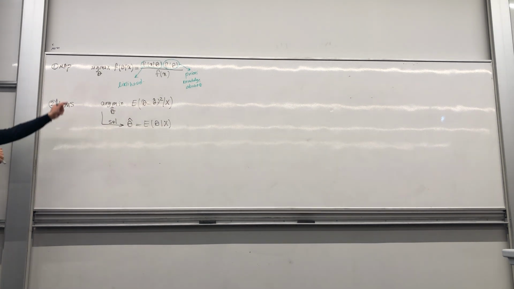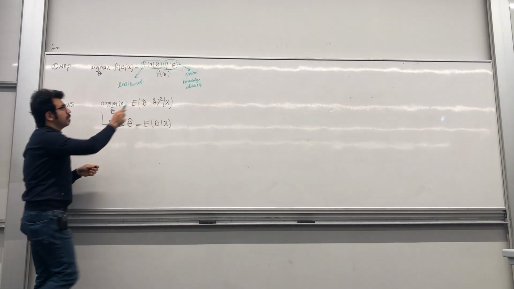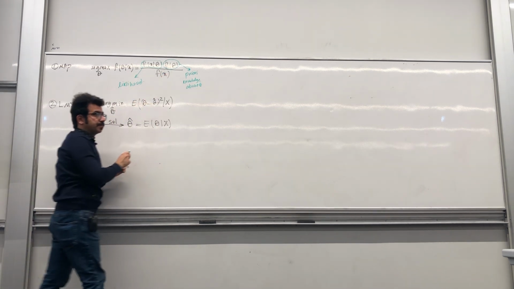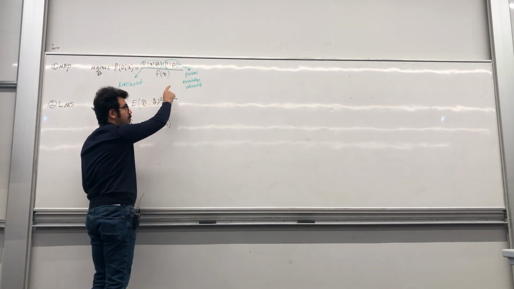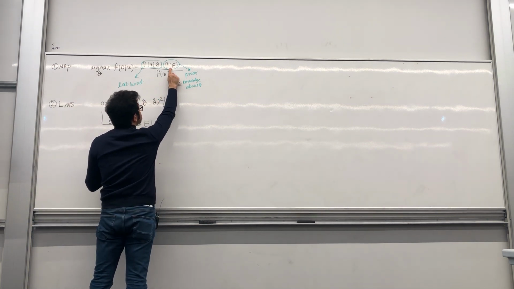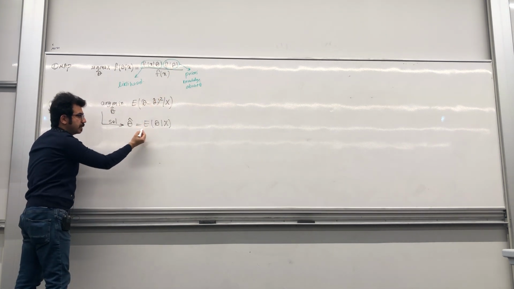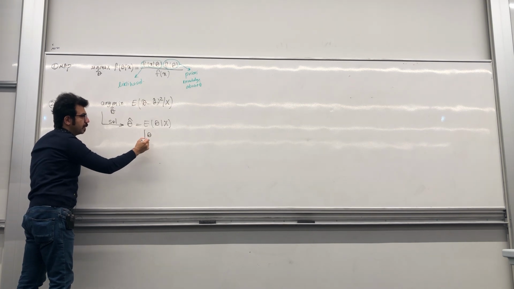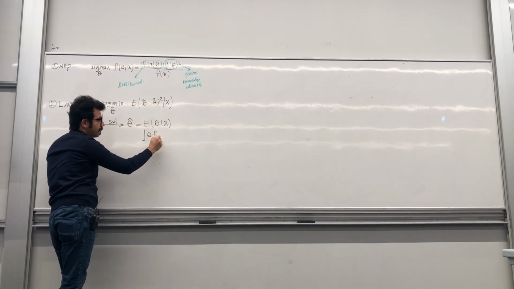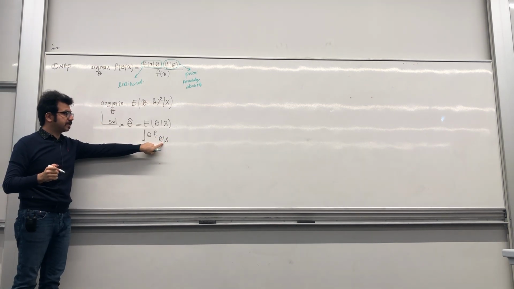There's a common thing between MAP and LMS. For both of them, you need f of theta. Obviously, for finding MAP, you need to use the Bayes formula, and this f of theta shows up here. But what about LMS? I need to find the integral of theta times f of theta conditioned on x, the posterior probability.